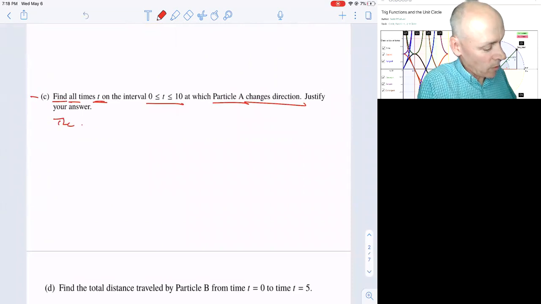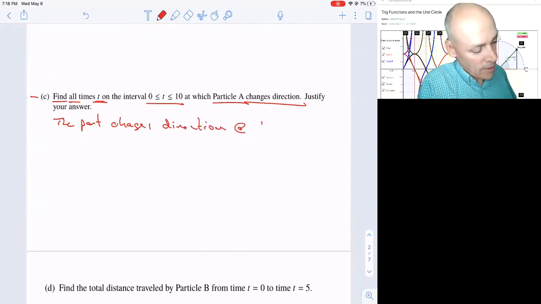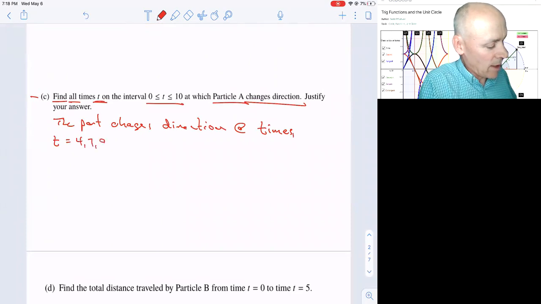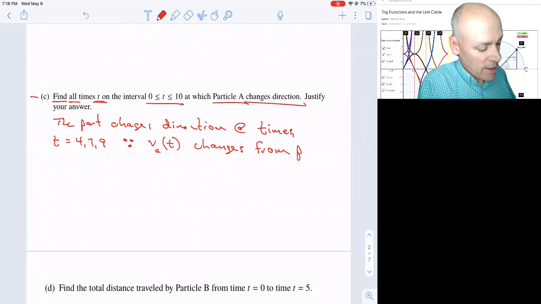So the particle changes direction at times t equals 4, 7, and 9 because the velocity of A at t changes from positive to negative or negative to positive at those times.